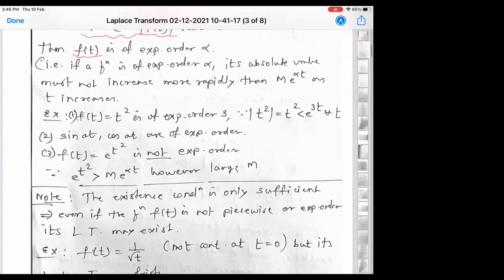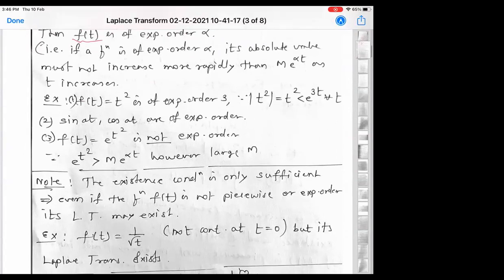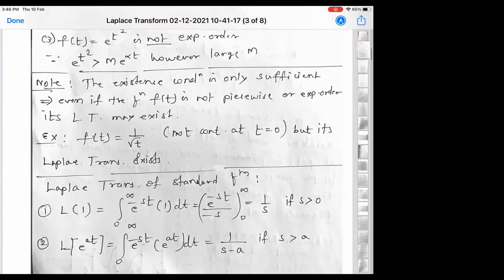Certainly, whatever functions we are going to study give you the Laplace transform. That is why we are learning only those functions. So in your studies you are not going to get a question asking you to identify whether the Laplace transform exists or not. That is none of your business. The function f of t is defined to you, which gives the Laplace transform, and you are only interested in the answer of that Laplace transform.